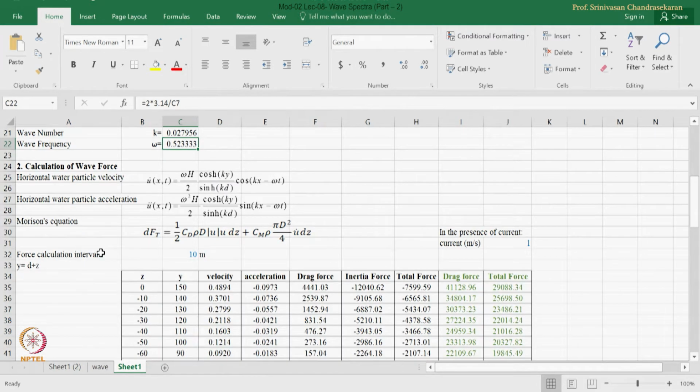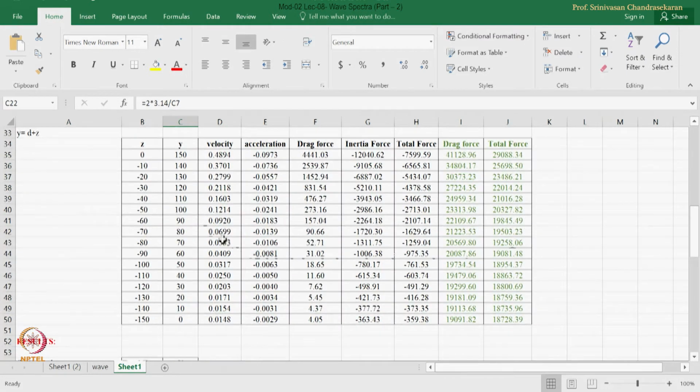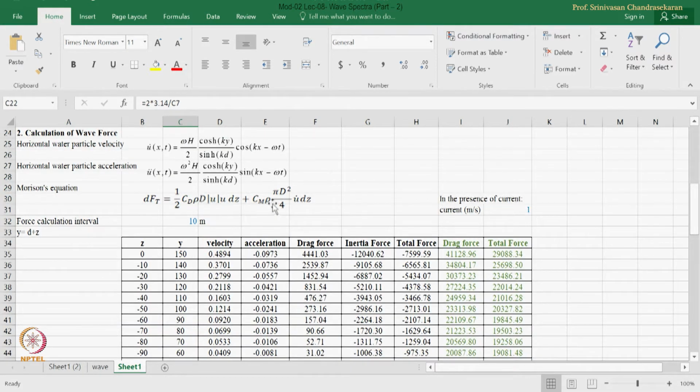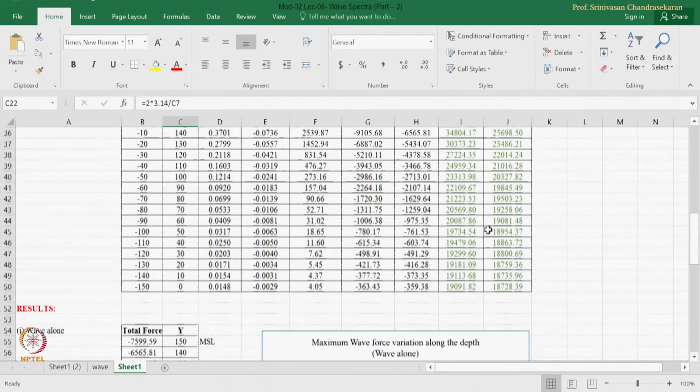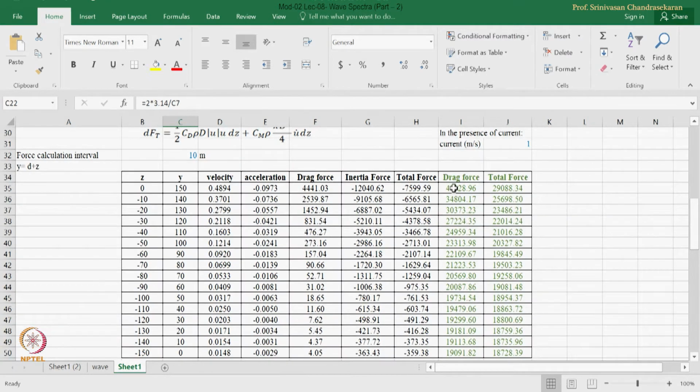So, I want to calculate the wave force based on the water particle kinematics, horizontal velocity and acceleration. Then to compute the force, we use the Morrison equation in the presence of current, which is 1 meter per second. If you look at different values of z and y, velocity, acceleration, the drag force and the inertia force are computed, and the total force is added and computed. One can see any specific value here, which is taken from the code available on the screen.